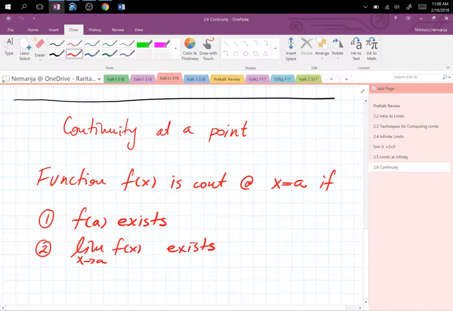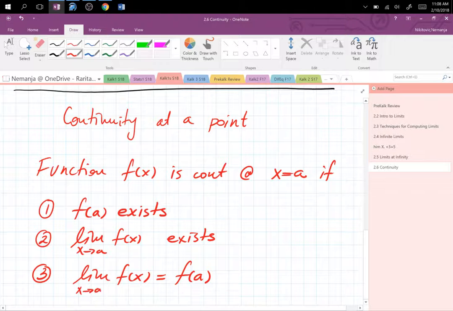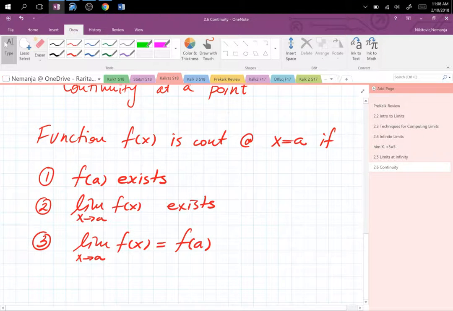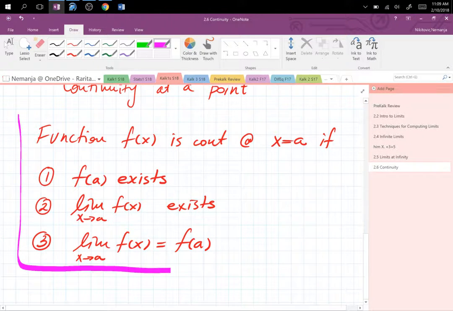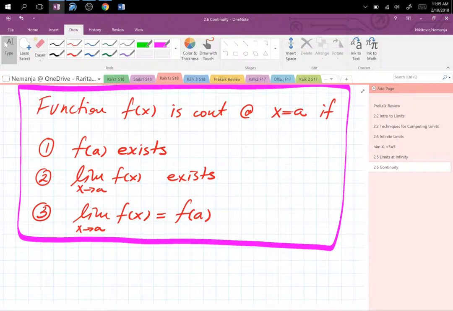That means you have to have some path of getting to that point, so the limit exists. And number three, these two have to be the same: the limit of f(x) needs to equal f(a). So this is the big pink box, our definition for continuity at a point.